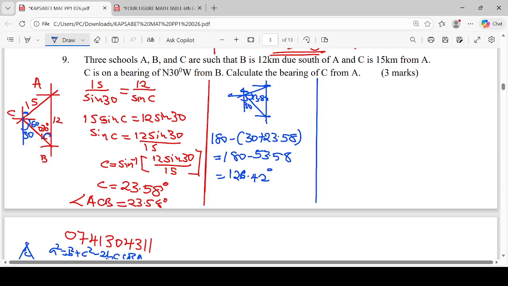You need to be very, very keen when responding to this question. You need higher degree of accuracy.